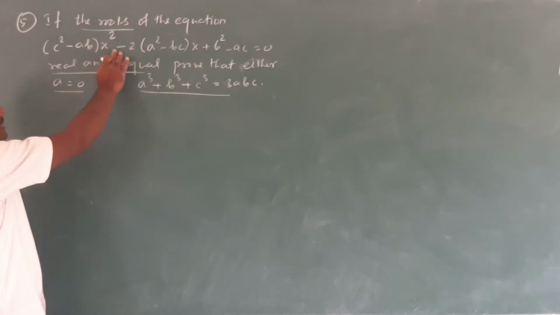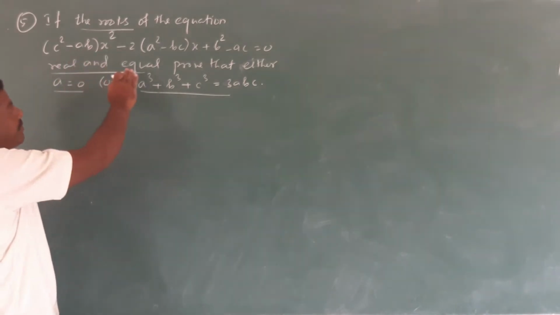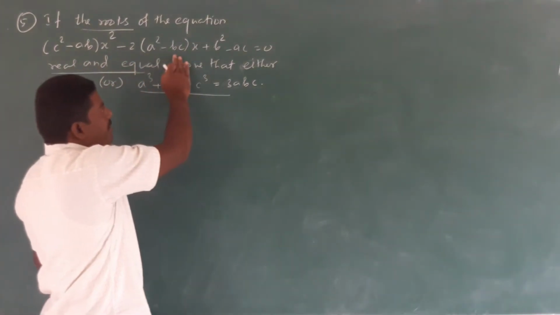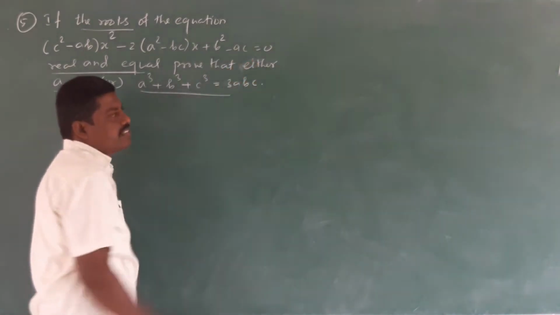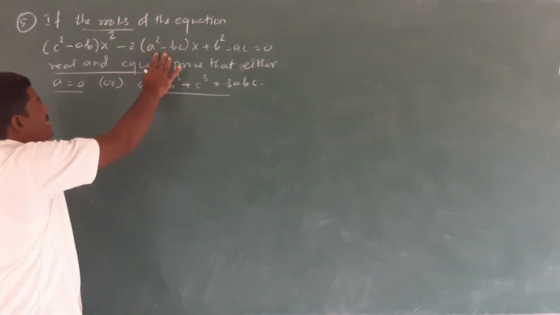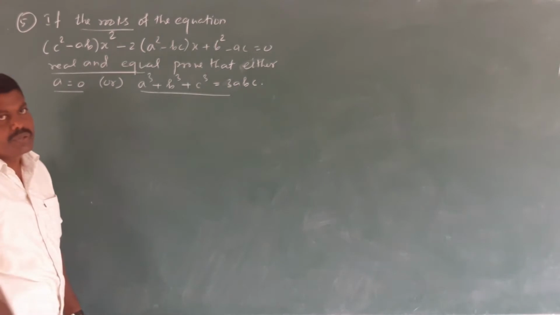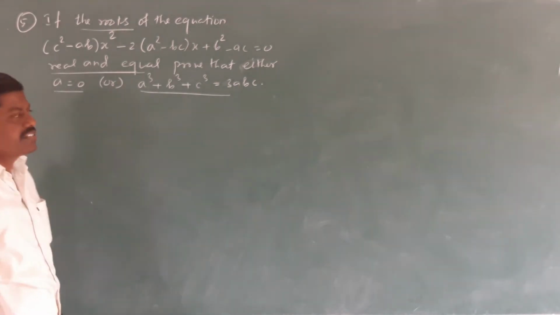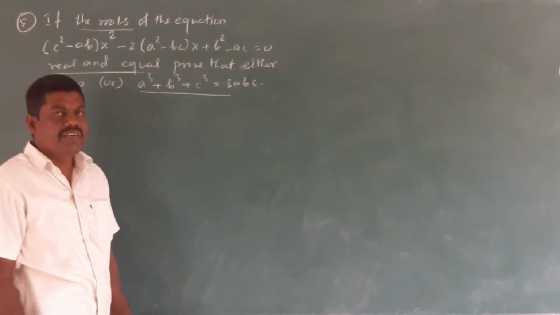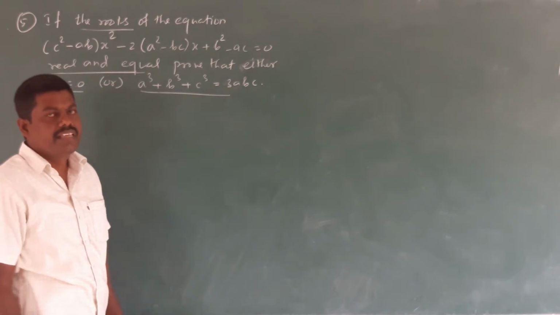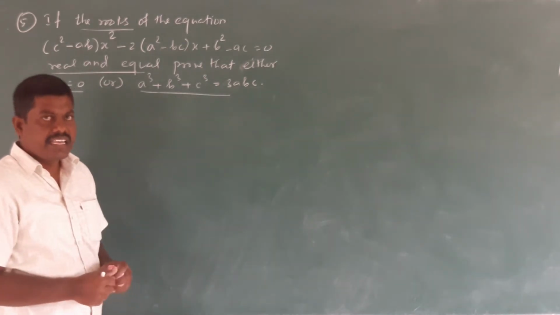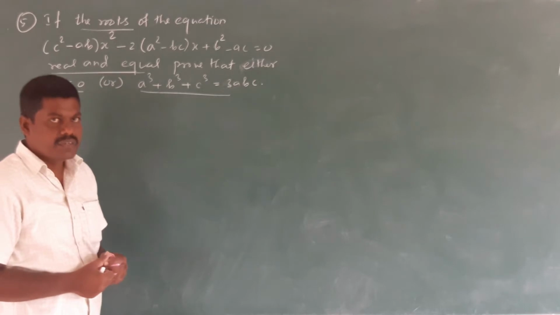So the given quadratic equation is (c square minus ab) of x square minus 2 of (a square minus bc) of x plus (b square minus ac) equal to 0. This equation has real and equal roots. Then delta equal to 0; only then the equation has real and equal roots.